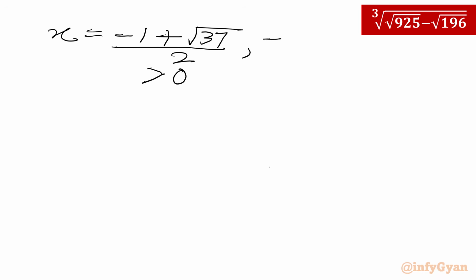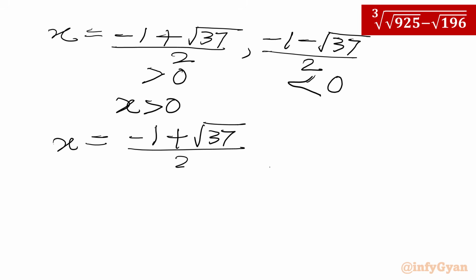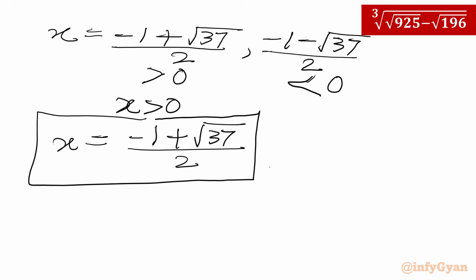And second value of x is minus 1 minus square root 37 over 2, which is negative. So our condition is x should be positive. We are going to accept first one, minus 1 plus square root 37 over 2. So cube root must be equal to negative 1 plus square root 37 over 2.